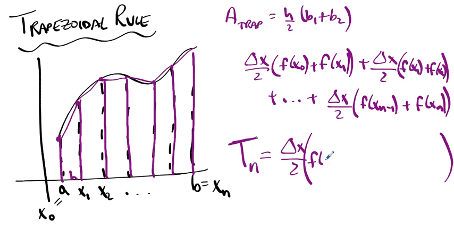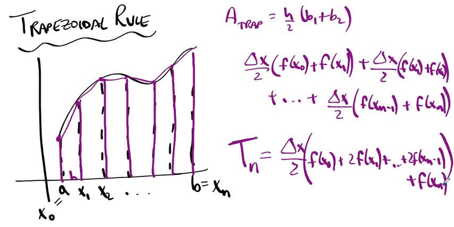You got an f of x0, you've got an f of x1 and another f of x1, that's two f of x1s, and then you got an f of x2 and another f of x2, so all the ones in the middle, there's two of them, right up to this last one, and then the one at the end is just by itself, f of xn.